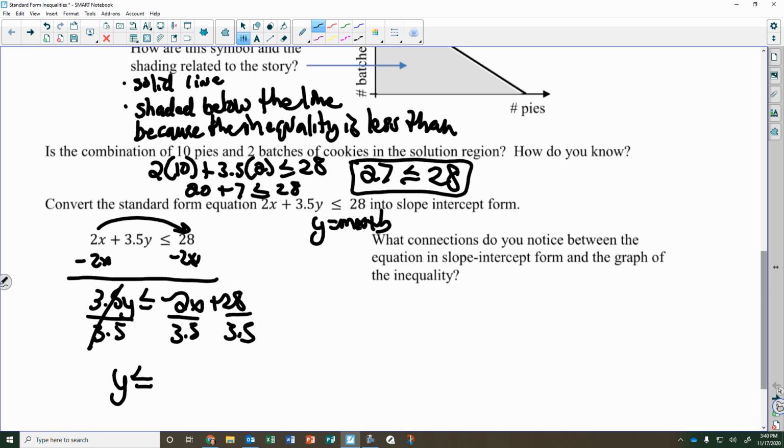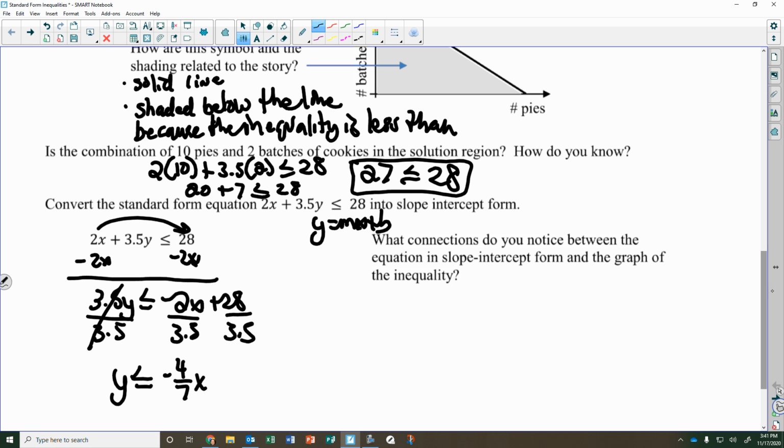So that goes to 0. If I take my calculator, negative 2 divided by 3.5, I get 0.5714, and I'm going to take that answer and turn it into a fraction, which is negative 4/7 x.